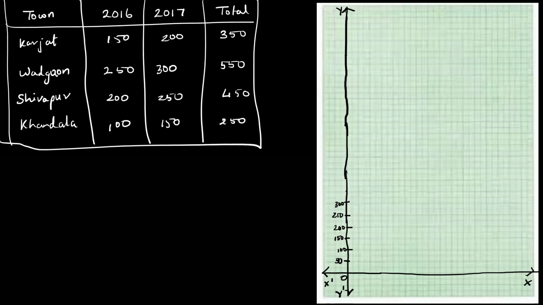300, 350, 400, 450, 500, 550. That is the highest value. So I'll add one more, 600.